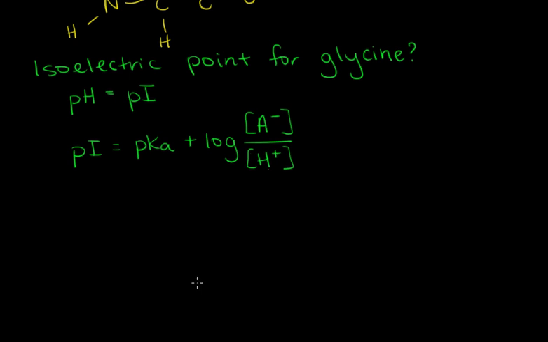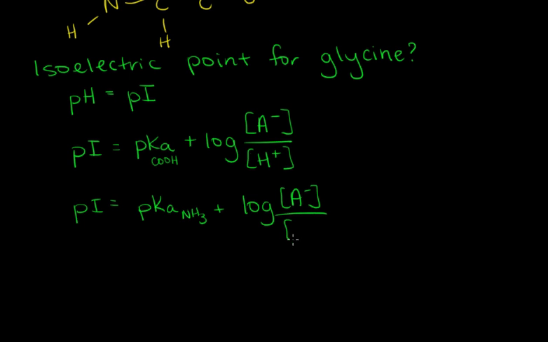But we have 2 pKa's going on here. We've got the pKa of the acid, and we'd have to do the same thing for the base, NH3. So each one of those, A minus over HA, and H plus over NH3. We already know that at this special pI, they're exactly equal to each other, so the log portion completely drops out.